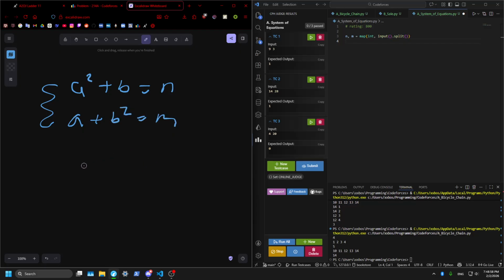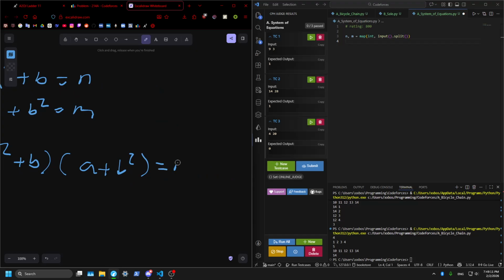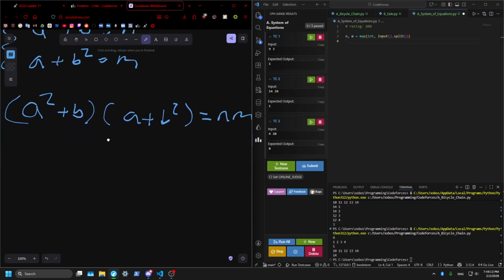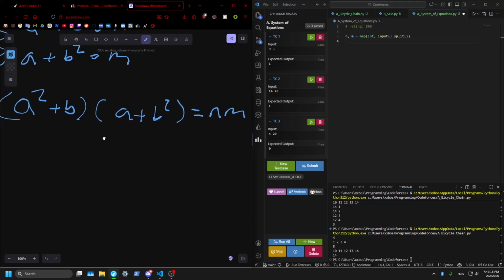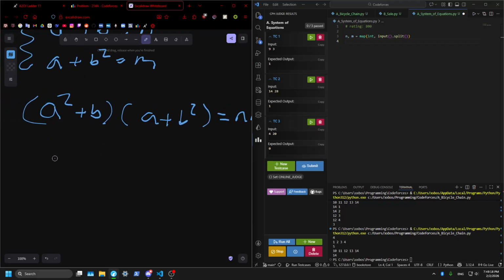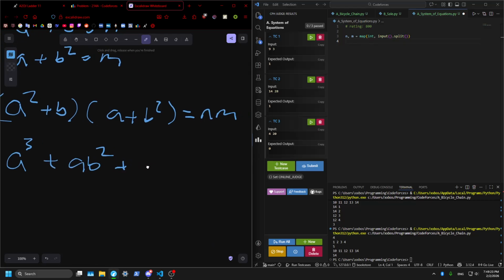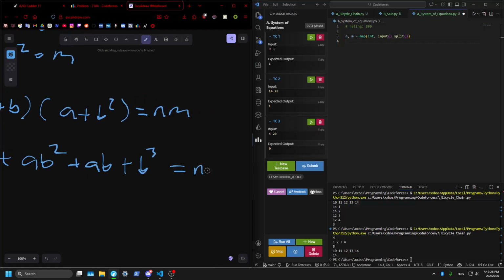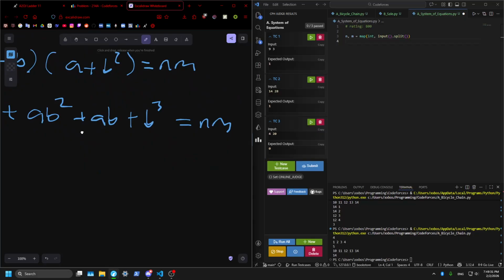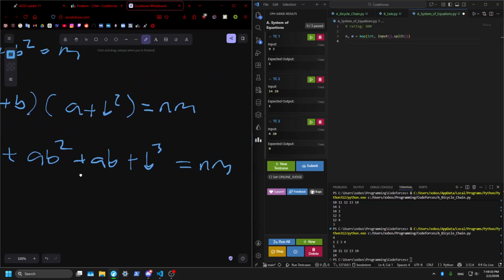My immediate thought is to multiply these, like a squared plus b times a plus b squared. I don't know, this is just what my intuition is telling me. Now, does this do anything for us? If we factor this out, a cubed plus ab squared plus ab plus b cubed equals nm. I don't know if this does anything for us.